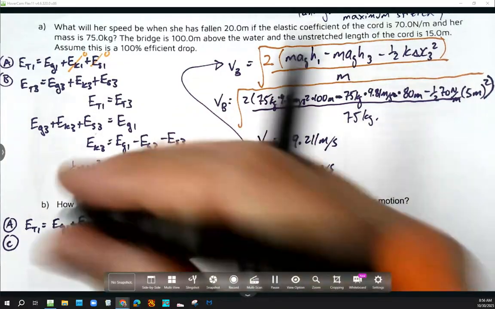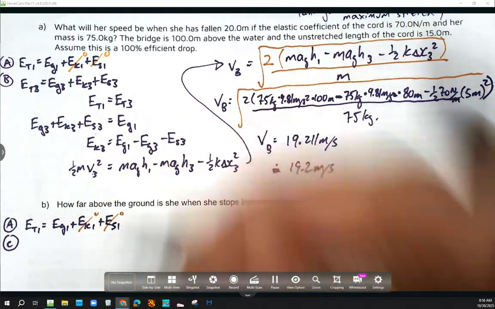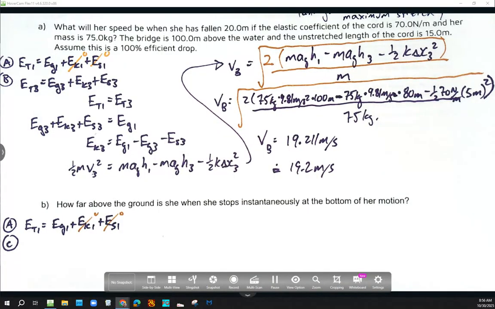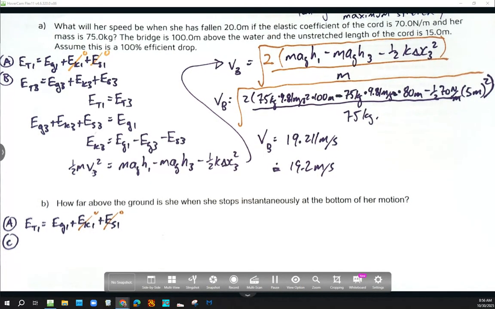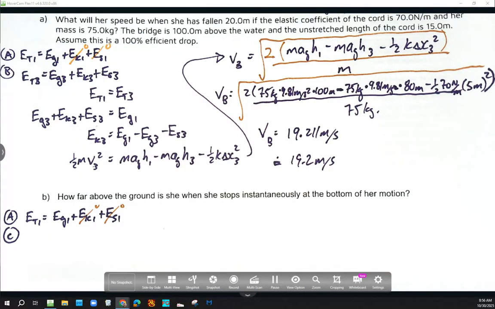And what we'd said was that the kinetic energy and the elastic potential energy were gone because the bungee cord wasn't stretched and she hadn't started falling yet.